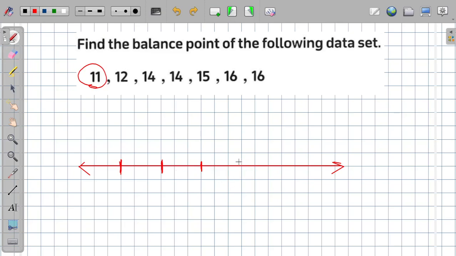So I have 14, 15, 16. Okay, so I have 11, 12, 13, 14, 15, and 16.